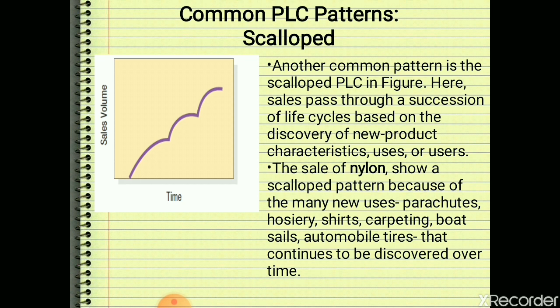So the sale of nylon shows a scallop pattern because of its many uses, like in parachutes, hosiery, shirts, carpeting, boat sails, automobile tires, right? New uses or new users continue to be discovered over time, and so it will have a kind of scalloped product life cycle.